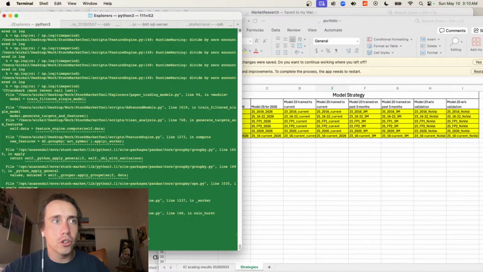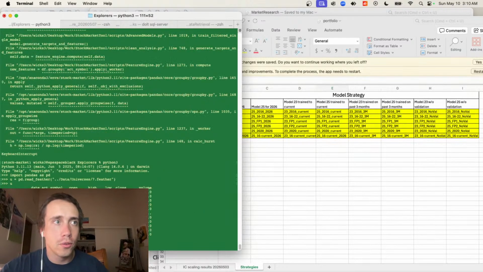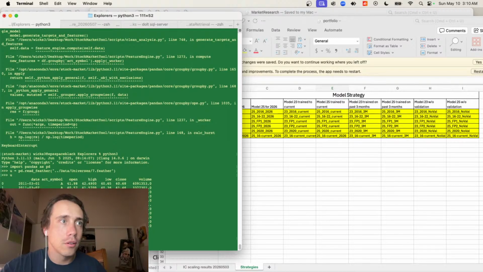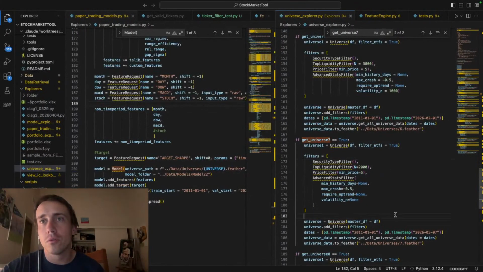Import, just to make sure, pandas as pd. u is equal to pd.read_feather, data/universes/7.feather. u.date.max. Yeah, so January 30th. So let's go up to May 7th.